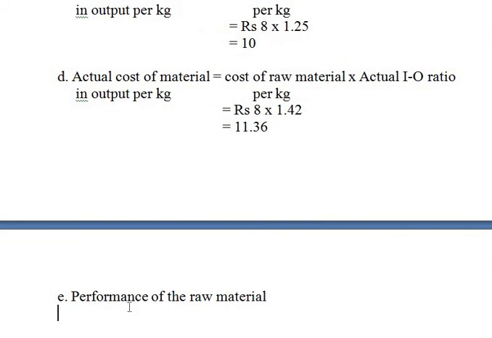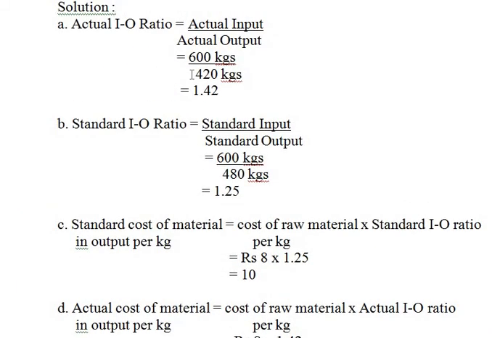Now, what is the conclusion for this? Actual IO ratio is higher than the standard ratio. Check here, it is 1.42 and this is 1.25.